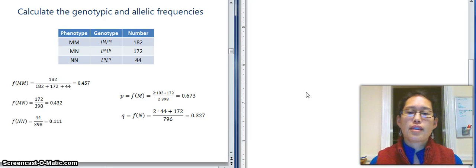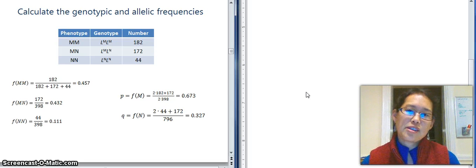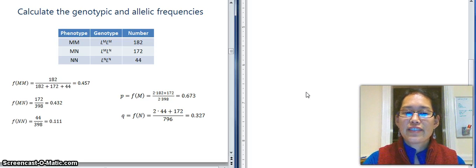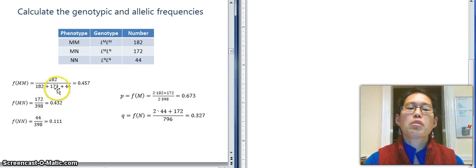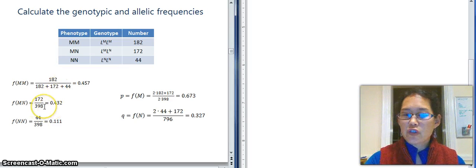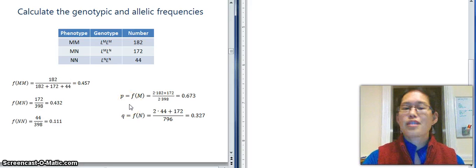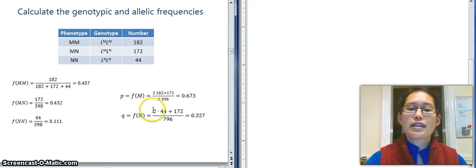I left you with an example that you were supposed to figure out. So here's the answer. The frequencies of each genotype are, again, just the number of individuals of that genotype divided by the total number of individuals. For alleles, it's slightly trickier, but I think you can do it.